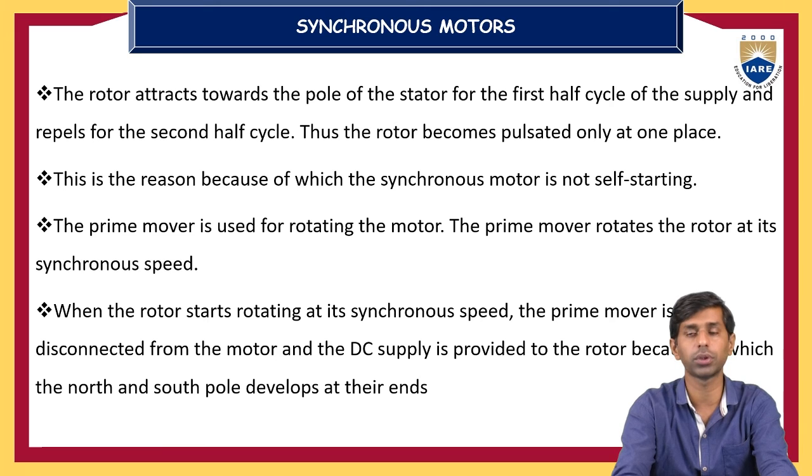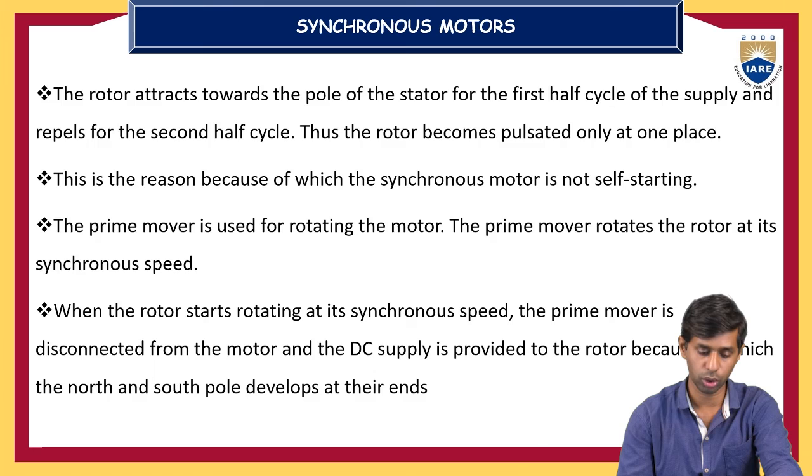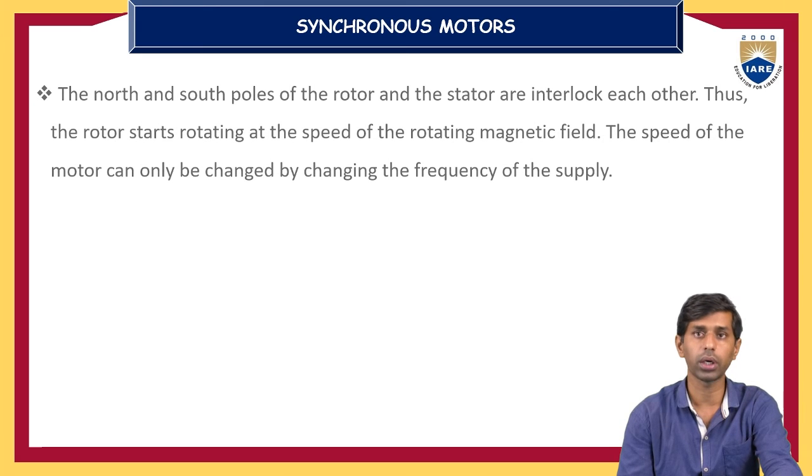That attraction force pulls your rotor into synchronism, and it keeps on rotating with the same speed as the rotating magnetic field, irrespective of loading condition. So when it is in synchronism, you have to disconnect the prime mover connected to the synchronous motor. Now the motor will rotate at the synchronous speed.